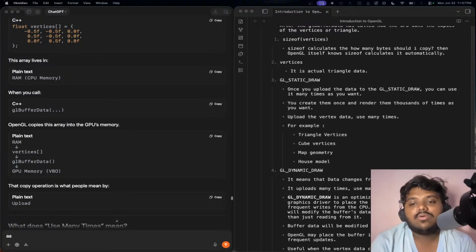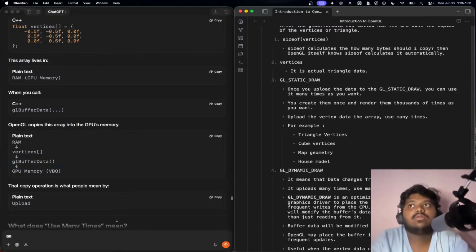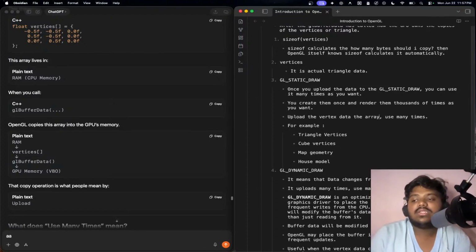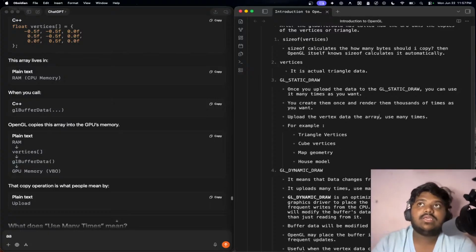Okay, so OpenGL uploads the vertex data, the array, copies. What do you mean? I don't know what you meant by that exactly, but something like that.